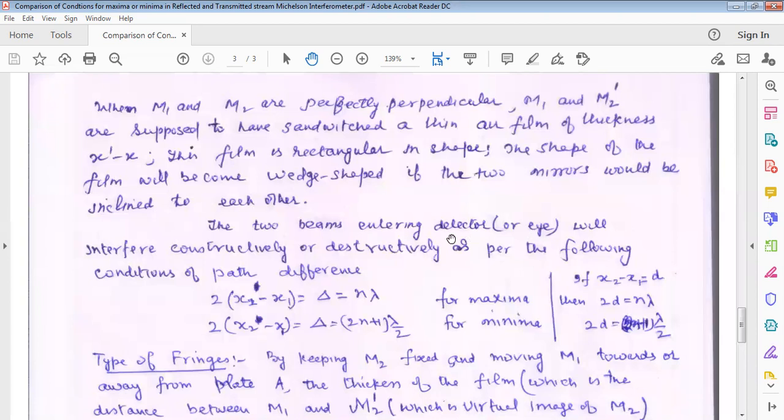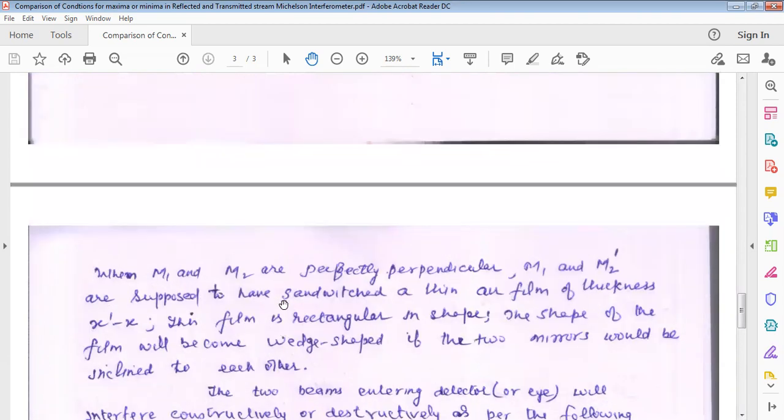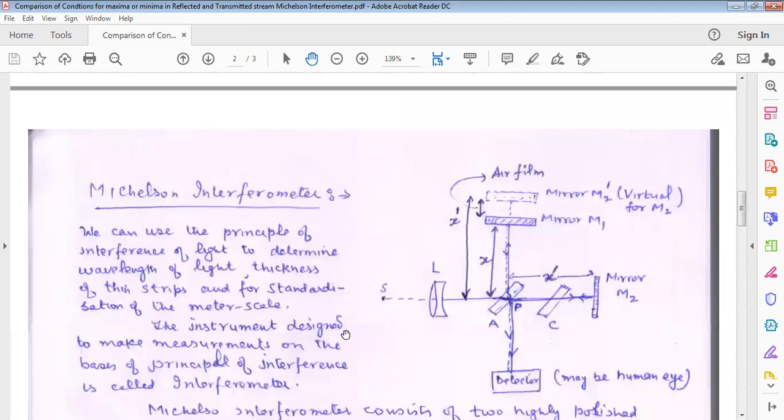The two beams entering the detector or eye will interfere constructively or destructively as per the following conditions of path difference: 2 times x2 minus x1. What is x2? x2 is the position of mirror M2.